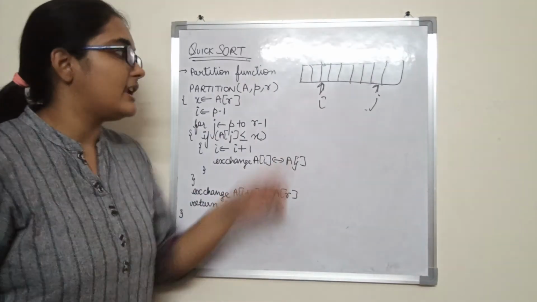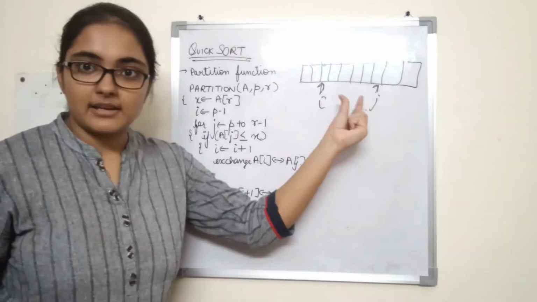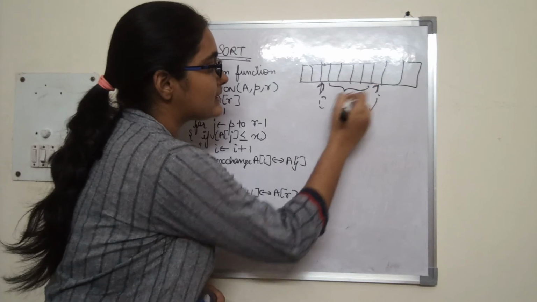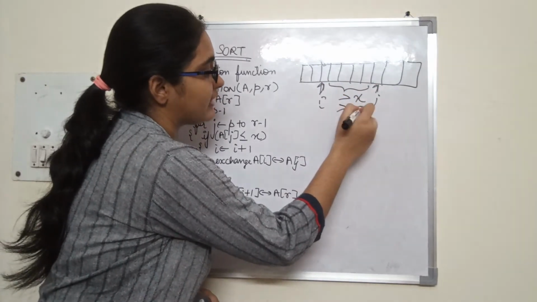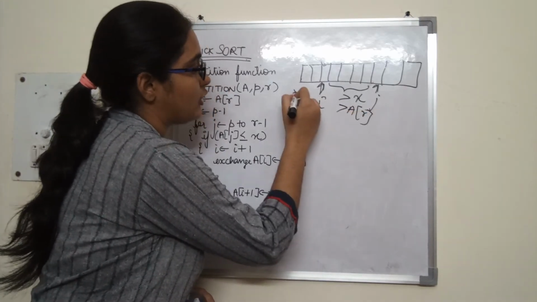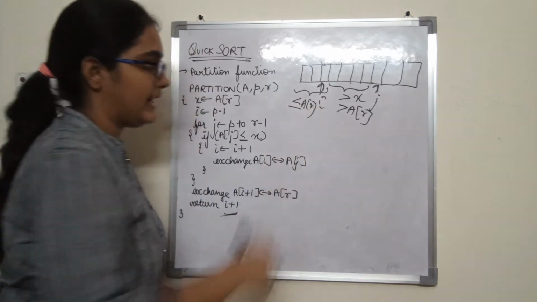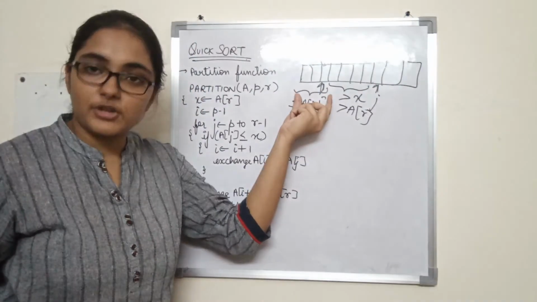But if it finds an element, let us say here, that is smaller than x, right? So it increments i. All these elements are greater than A of r, and all these elements are smaller than or equal to A of r, right? So when it finds an element smaller than A of r, it has to be put in this group.